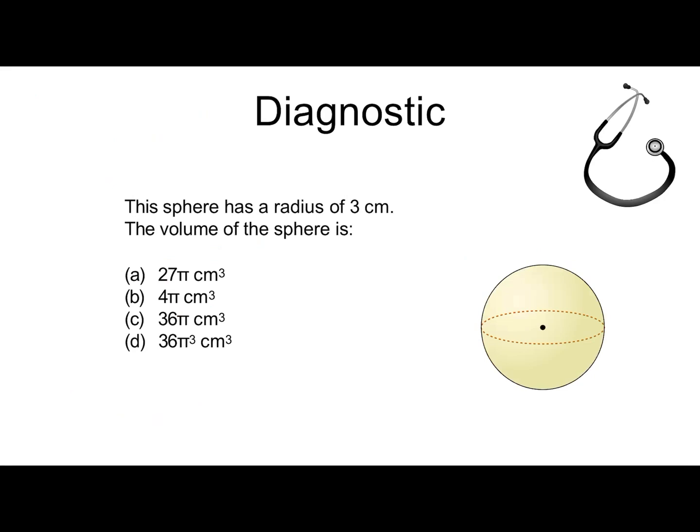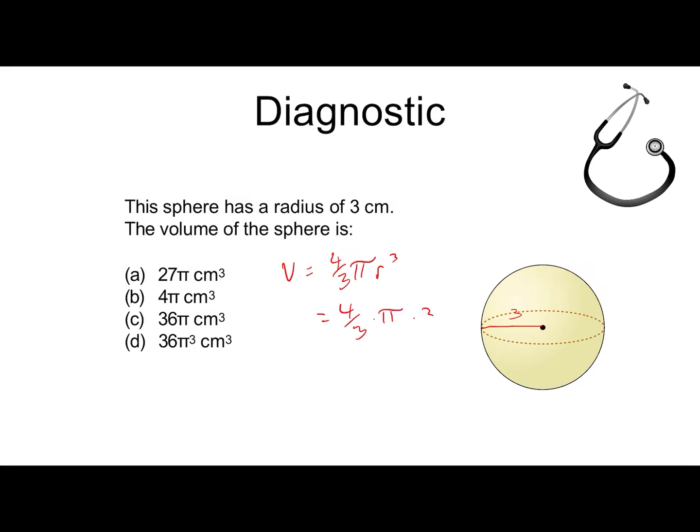Okay, what about this one? The sphere has a radius of 3. Find the volume of the sphere. So that should be easy. Volume is equal to 4/3 pi r cubed for a sphere.